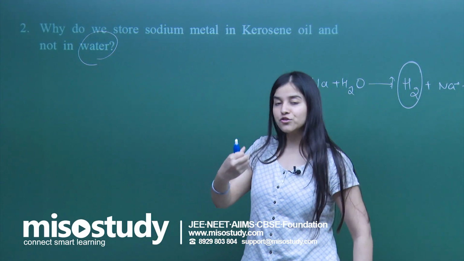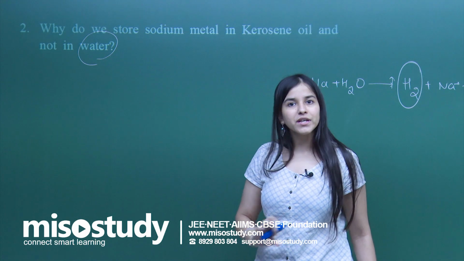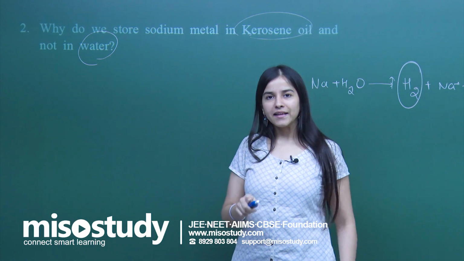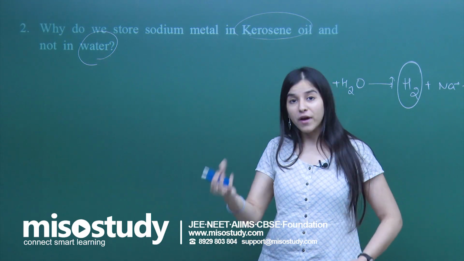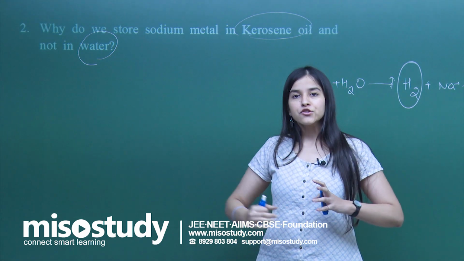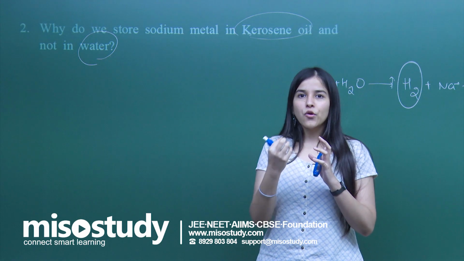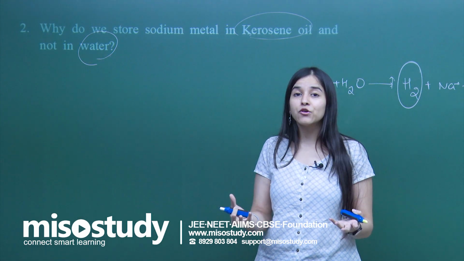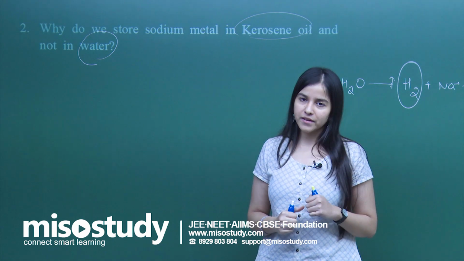That is why we cannot just openly put the sodium anywhere. We need something to cut out these supplies, and that can be kerosene oil, can be wax, right, waxy substances, so that the wax or the oil surrounds the metal and it does not get in any contact with the water or air, right.